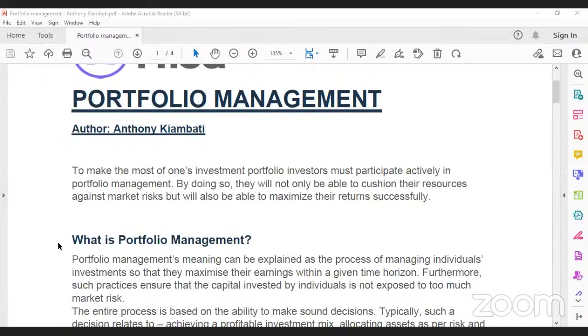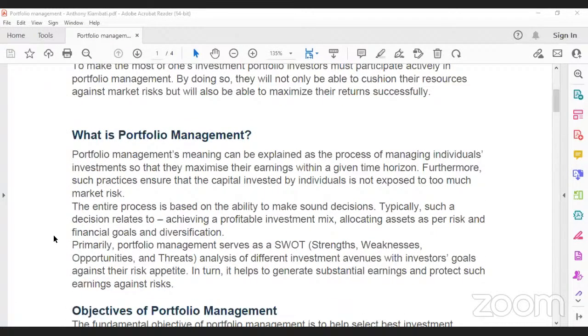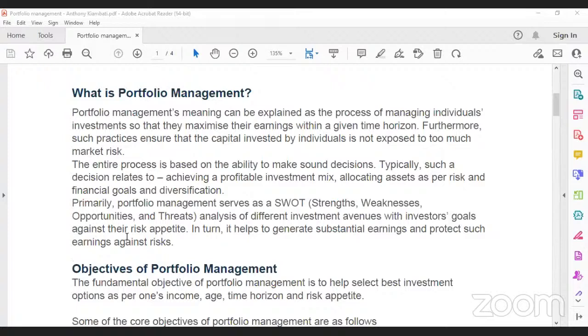So let's start by defining portfolio management. Portfolio management can be defined as the process of managing individuals' investments so that you can maximize earnings and at the same time reduce your risk. So the entire process is meant to maximize your earnings and reduce your risks.